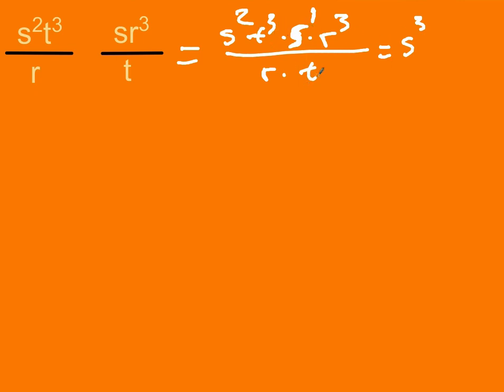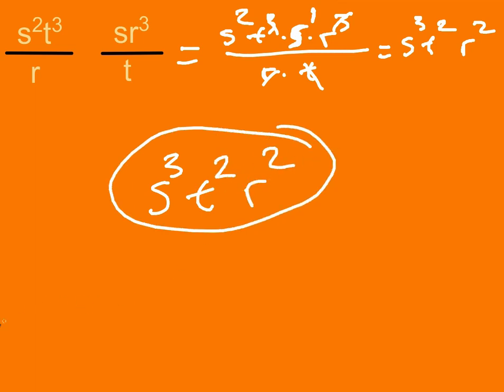Then we have t cubed, but it's over t, so one of these is going to cancel out and you're left with t squared. R cubed over r, same thing, r squared. So that simplifies to s cubed, t squared, r squared. And that is it for a quick overview of the properties of exponents and a bunch of examples of how to do that.